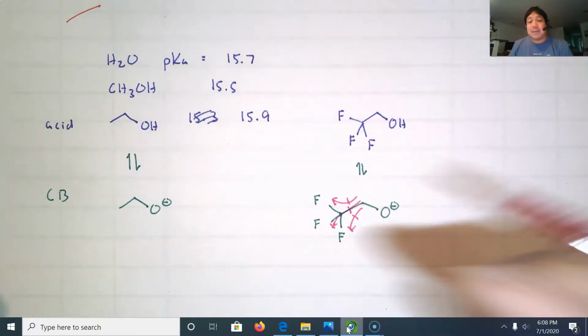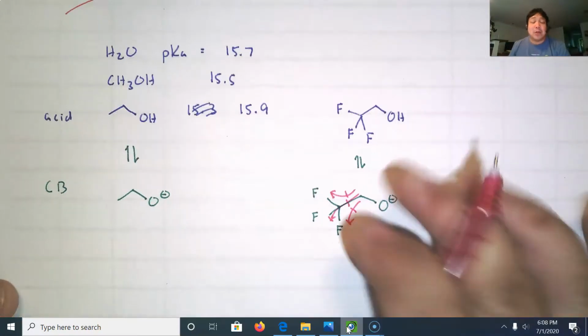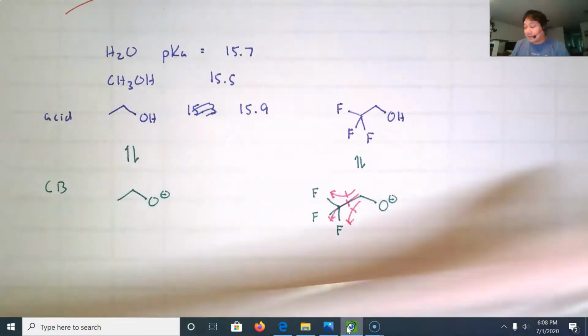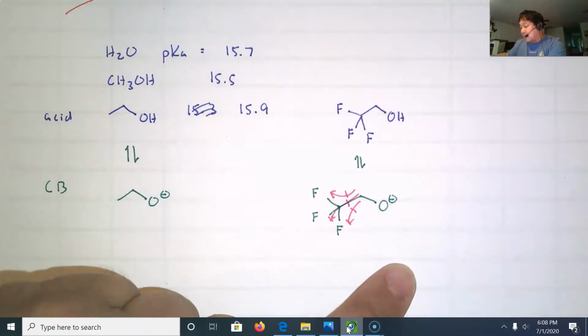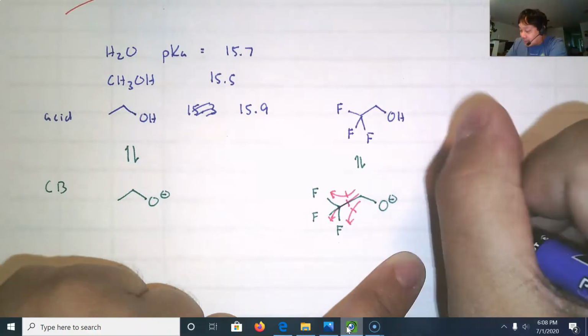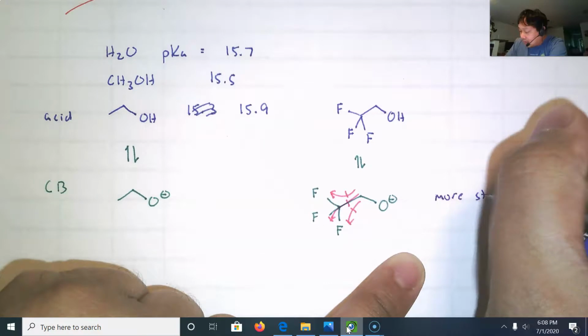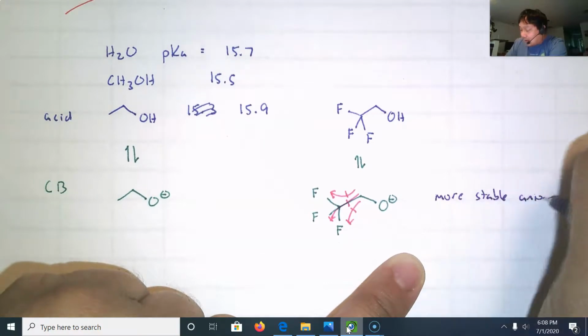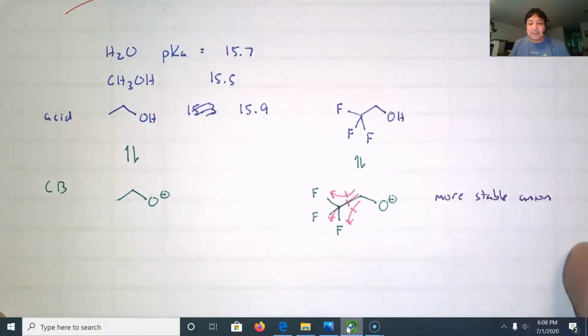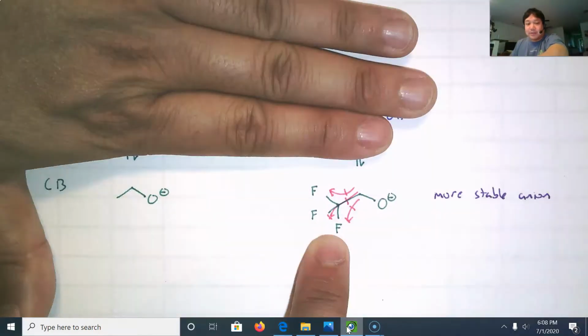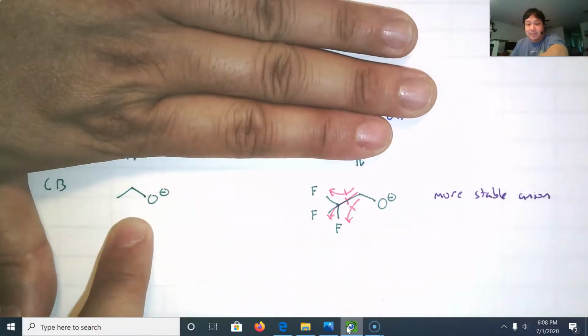Remember how to stabilize an anion? By delocalizing the charge, by spreading it out. So my conclusion is that this is a more stable anion. You've got to compare apples to apples.